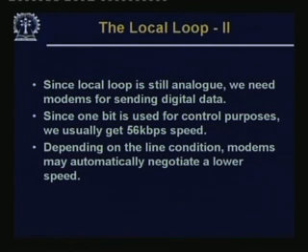Since 1 bit is used for control purposes, we usually get 56 kbps speed on this local line. You remember that the lines are designed to handle 64 kbps. 64 kbps is the basic rate for communication purposes.